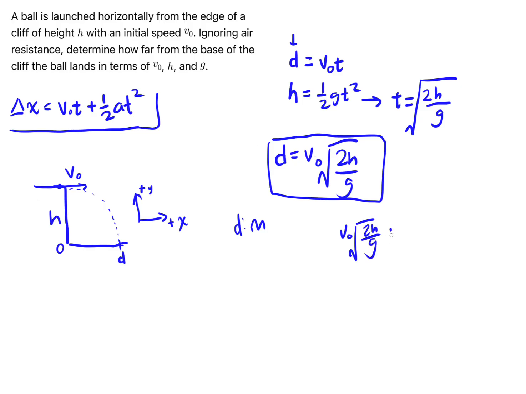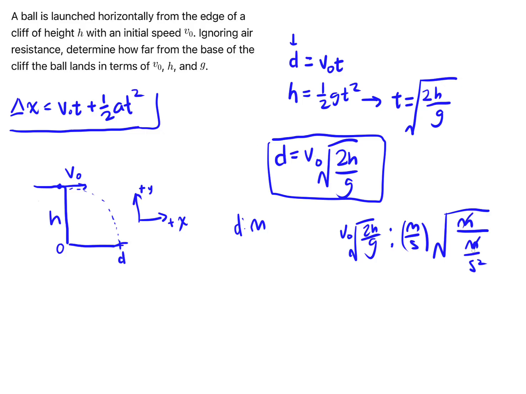So v0 is a speed, so it has units of meters per second. In this case, it's some distance per second. And then inside the square root, 2 is just a number and it doesn't have a unit. h has units of meters. And in the bottom, we have g, which is an acceleration, so it has units of meters per second squared.